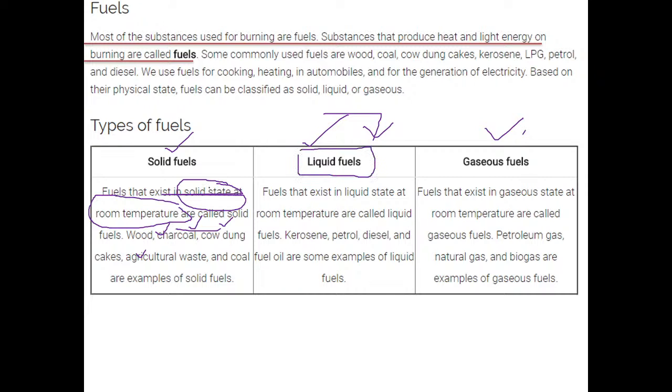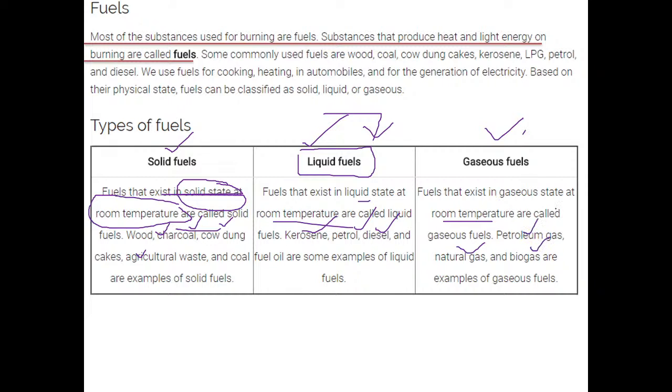As you can see, by solid, liquid, gas itself, we can understand each and every fuel, but all of them are at room temperature. Examples: kerosene, petrol, and diesel. Gaseous fuels are natural gas, biogas, petroleum gas.